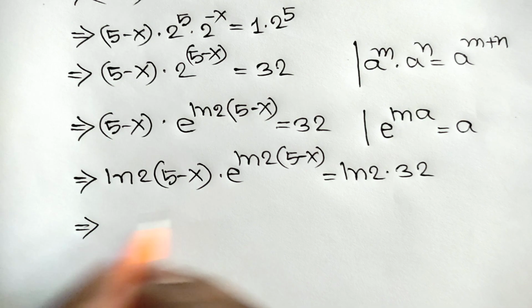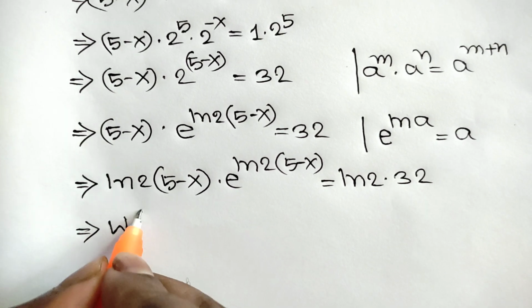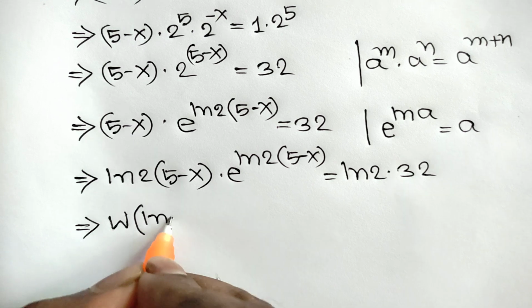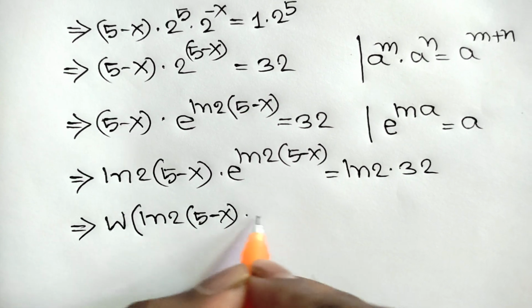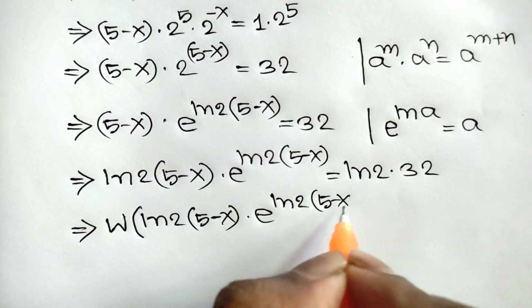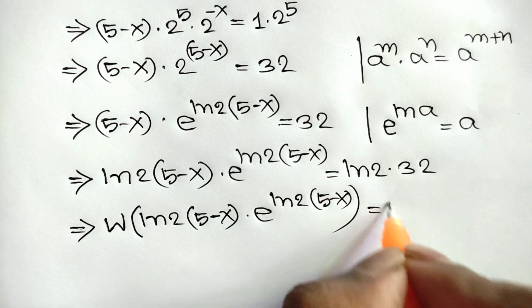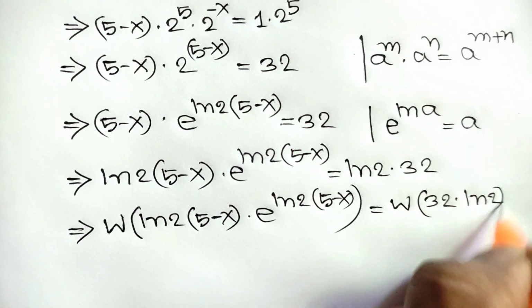Now taking the Lambert W function on both sides, we can write W of ln of 2 times 5 minus x times e to the power ln of 2 times 5 minus x is equal to W of 32 times ln of 2.